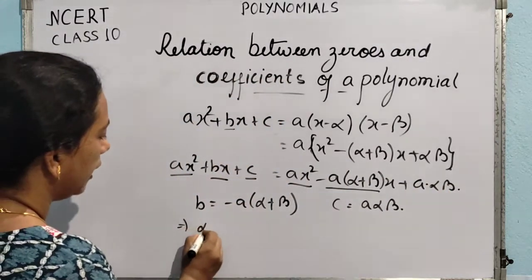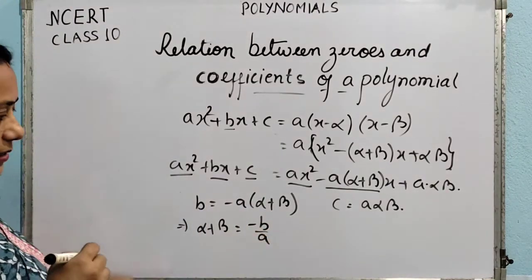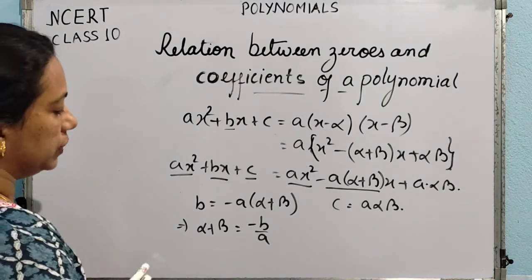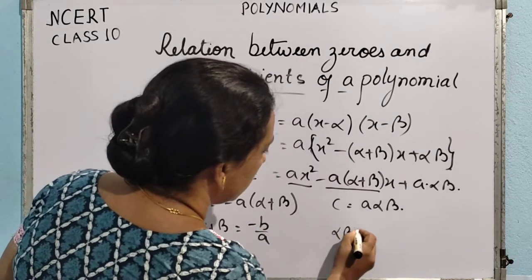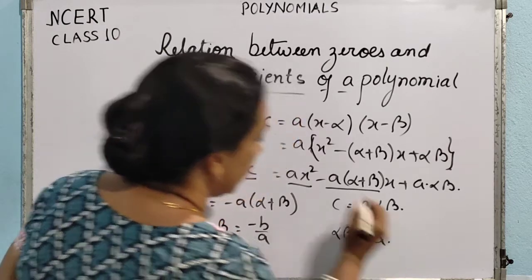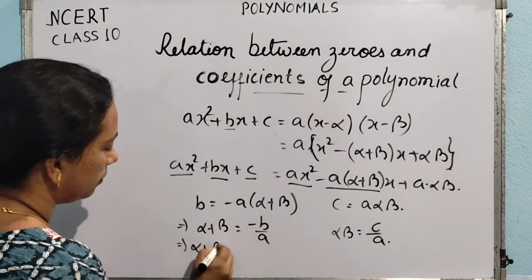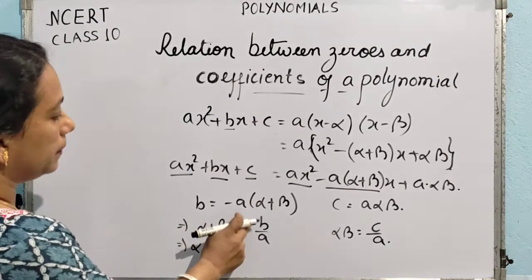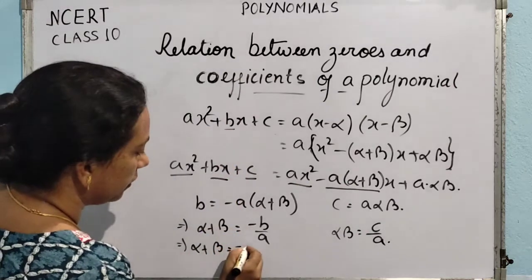So alpha plus beta is equal to minus b by a, isn't it? This is the sum of the zeros, and here the product of the zeros, alpha into beta, is equal to c by a. So what ultimately does it lead to? That the sum of the zeros is equal to minus b. What was b actually? This is the coefficient of x.